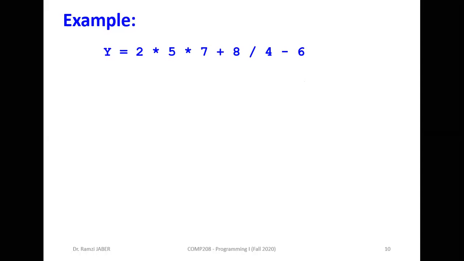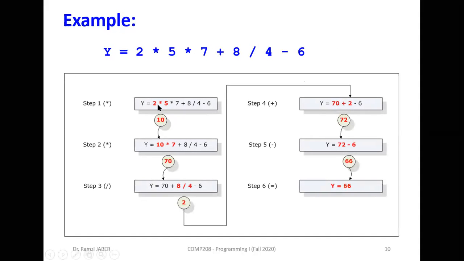The highest are product and division, then plus and minus. From left to right, we have times before division, so we must begin with 2 times 5.